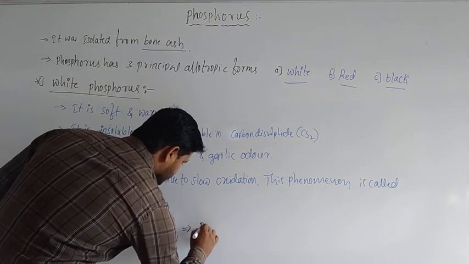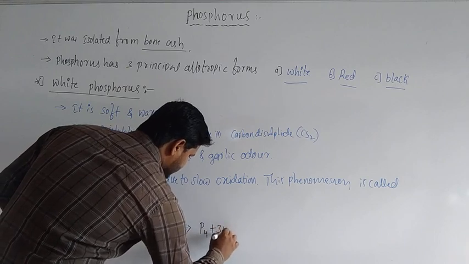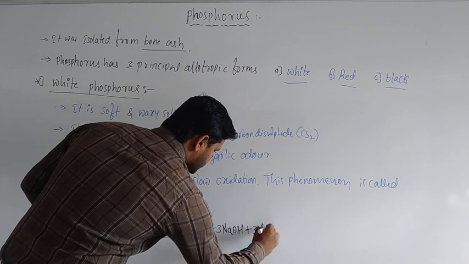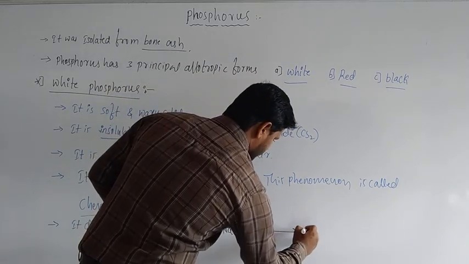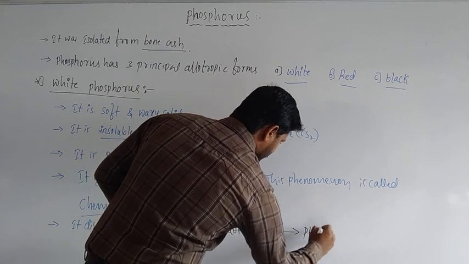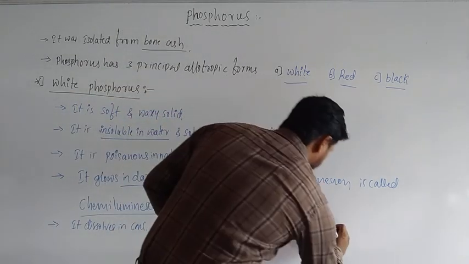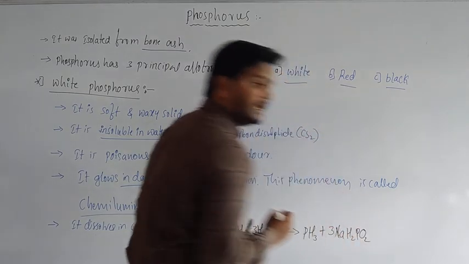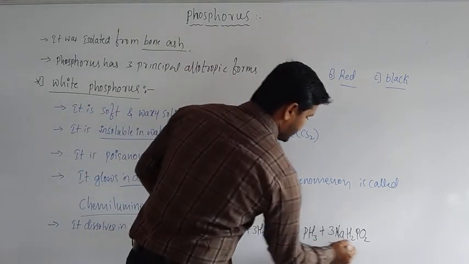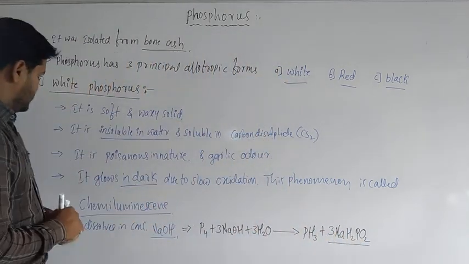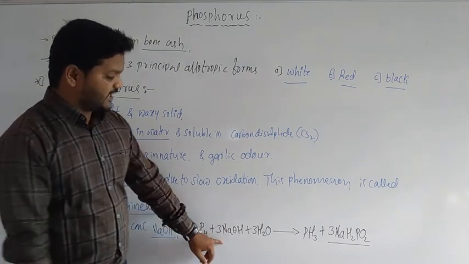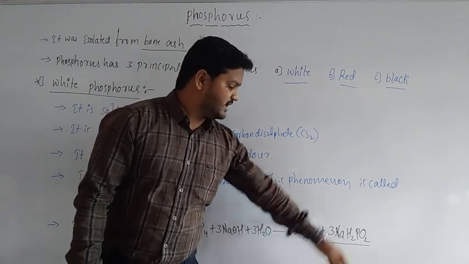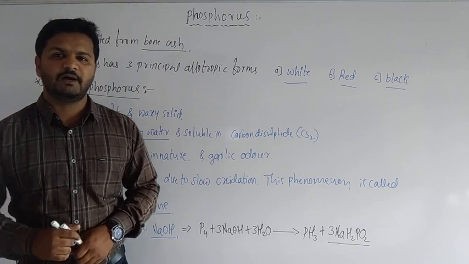Phosphorus P4, when reacted with concentrated NaOH in the presence of water, forms phosphine, PH3, and the byproduct is 3NaH2PO2, which is called sodium hypophosphite. P4 plus 3NaOH plus 3H2O gives PH3 and 3NaH2PO2.